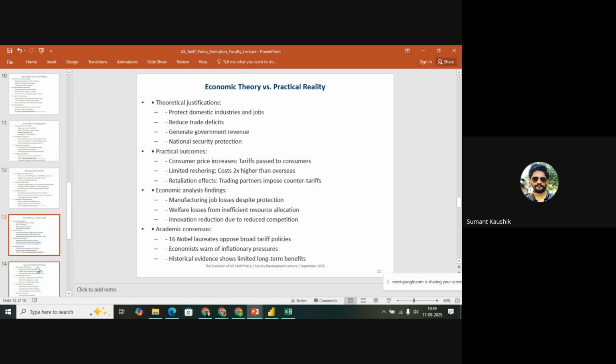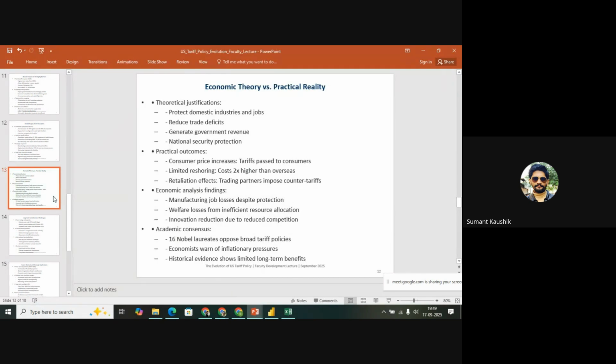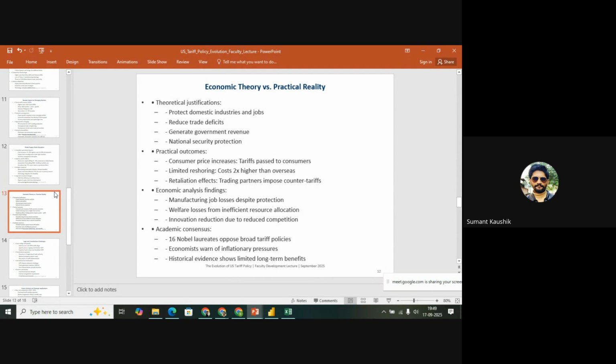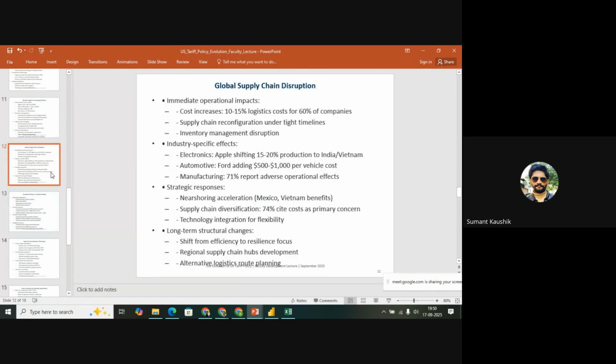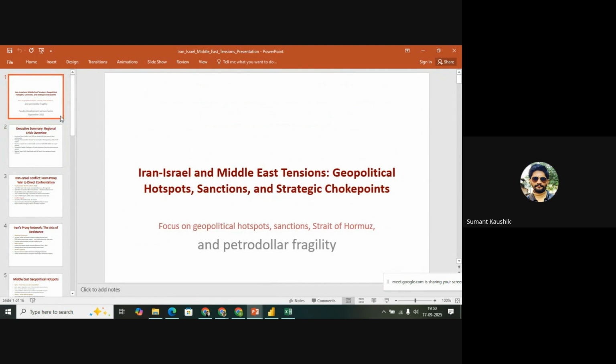So this is all for today, and I won't go further now because we have to give some more time for discussion also. We are almost done with the effects of the US tariff policy all over the world, and specifically in the case of India, with sector wise analysis of each and every factor. From tomorrow, I'll continue from here only, and then we will move to the next topic, that is the Iran and Israel Middle East tensions, the geopolitical hotspots, sanctions, and strategic checkpoints.